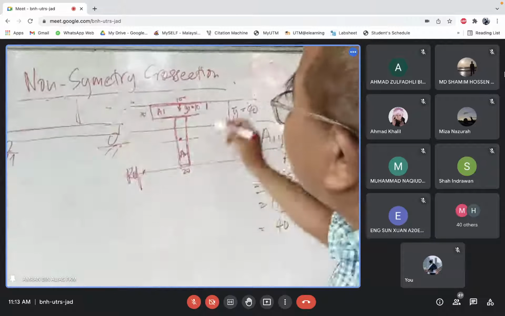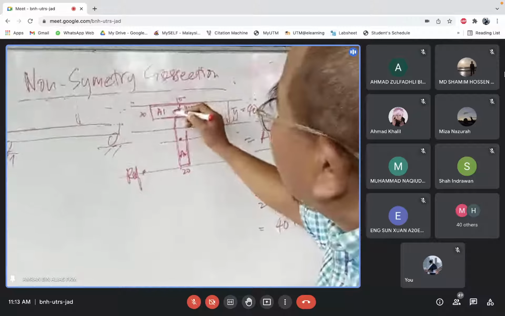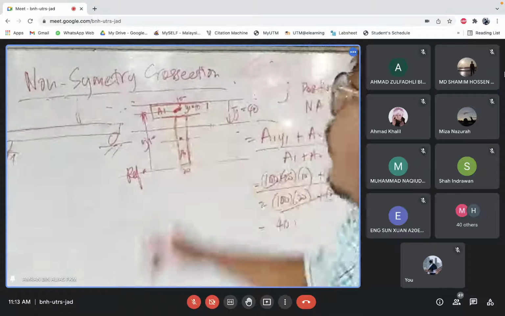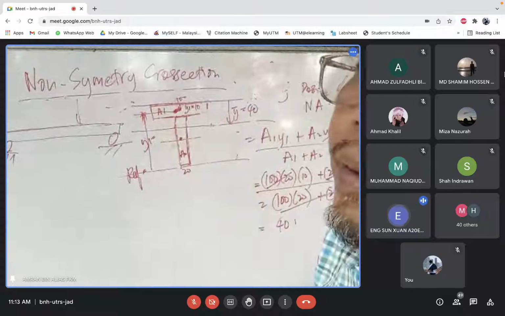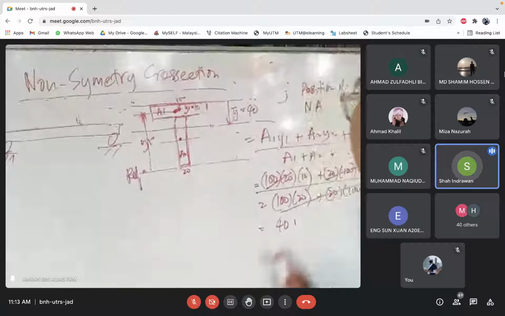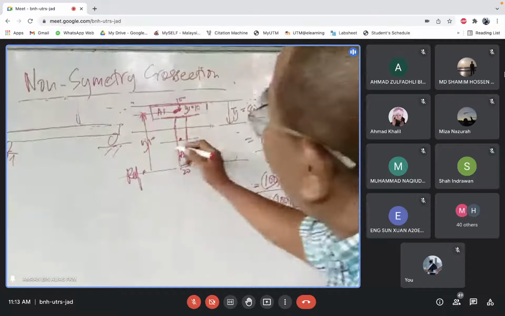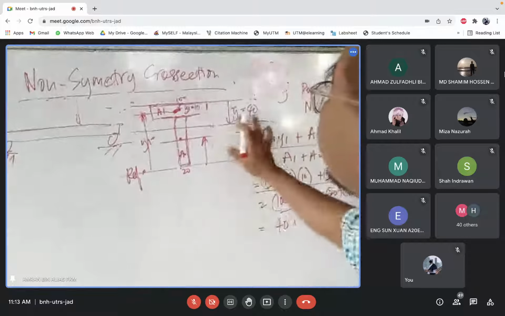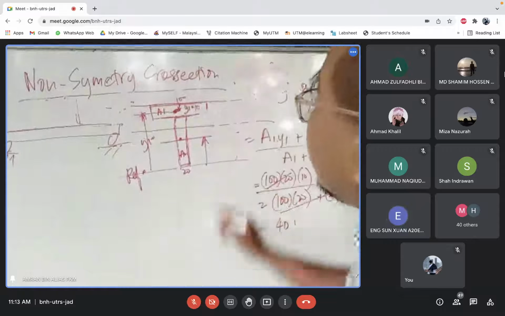What is Y1 bar? What is the value of Y1 there? 110. What is the value of Y2 there, if you do the bottom reference? 50.